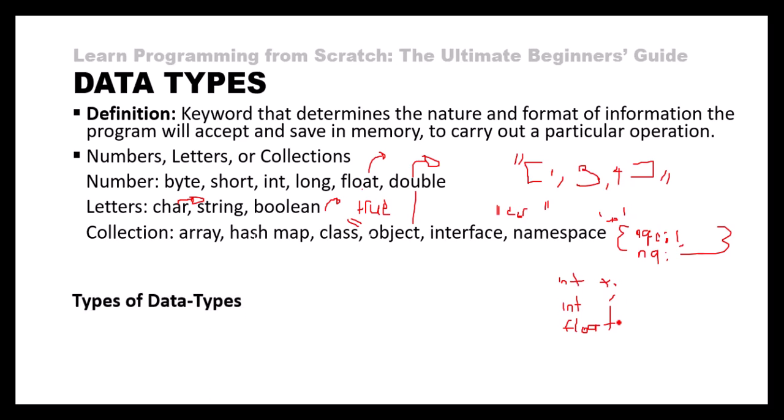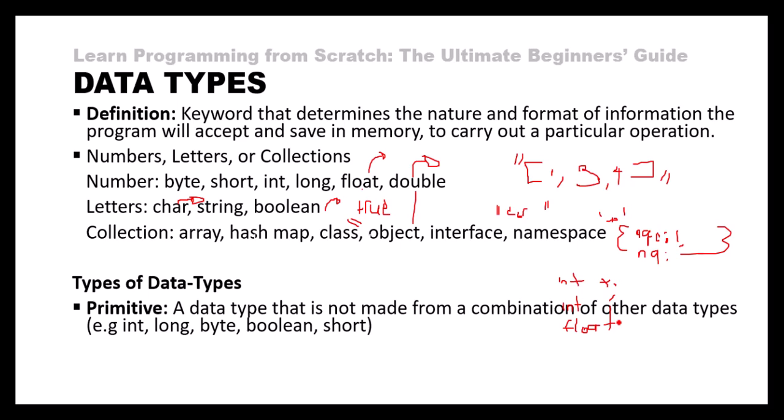Now, types of data types. We have what we call primitive data types. A primitive data type is a data type that is not made from a combination of other data types. Examples are an integer, a long, a byte, a boolean, and a short.